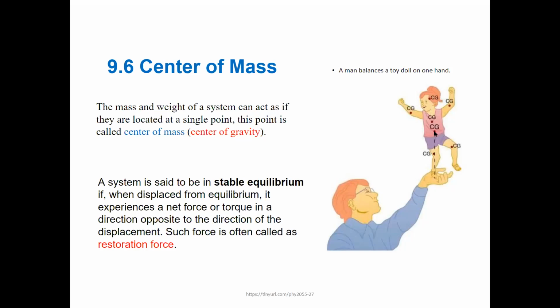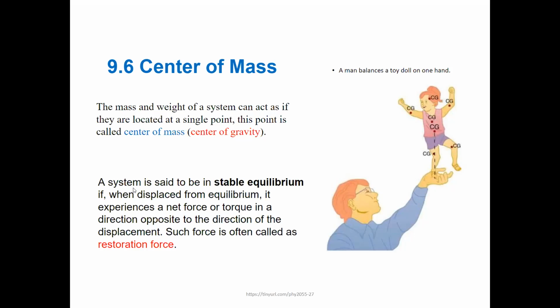But you can treat the center of mass for the whole toy as somewhere here, okay? Because if you put a pivot point through this point, then you will be able to balance the toy there.